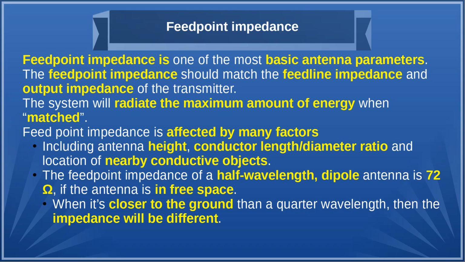As you get it close to the ground, it tends to change. Does it ever go up? Let's go down as you get closer to the ground. I don't know the answer, because I know as you get closer to the ground, it lowers. Well, it's going to max at about 72 ohms. If it's unbalanced, it gets higher, because that off center feed, you're off a little bit, it's going to raise the impedance. Okay.